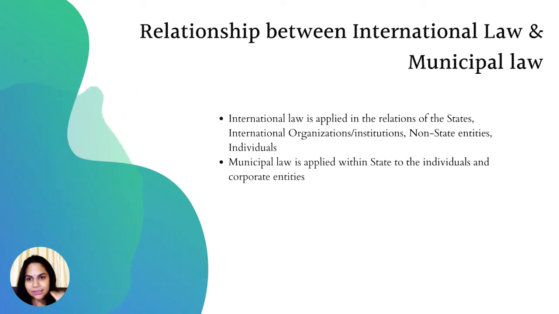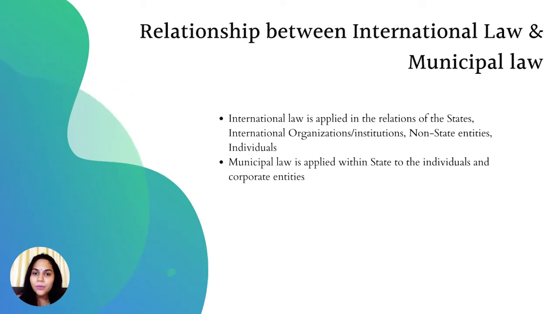These are the subjects of international law. Whereas municipal law is applied within a state to individuals and corporate entities. So the scope of municipal law is quite limited.